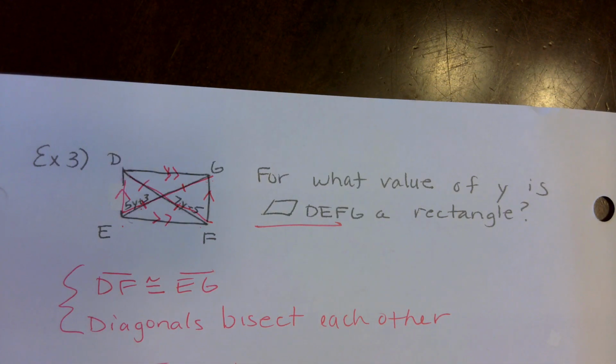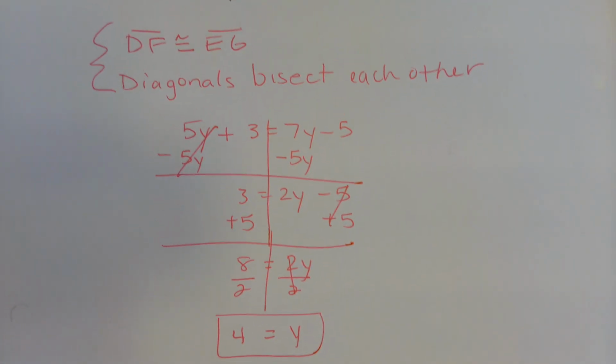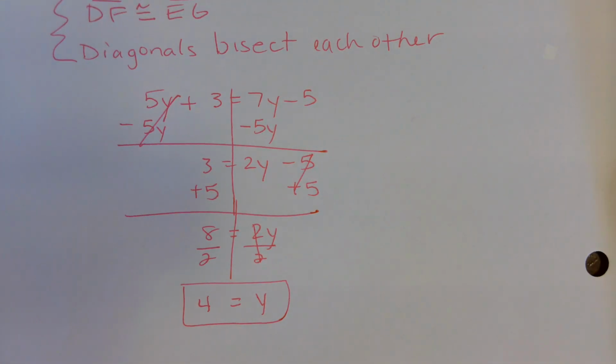Okay, so did you get an answer? 4 is correct. If you had 4, here's the work for it. Okay, just solve for y. So take a look if you didn't get 4 for some reason. There's the work.